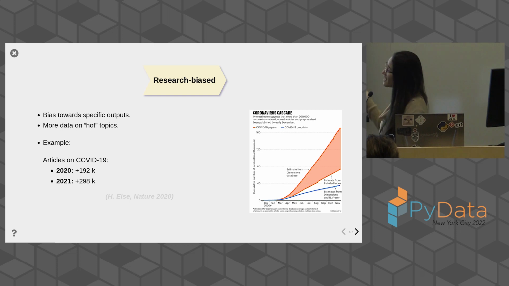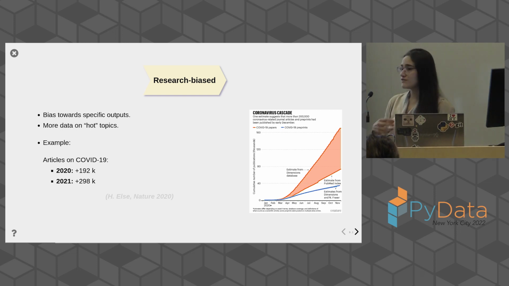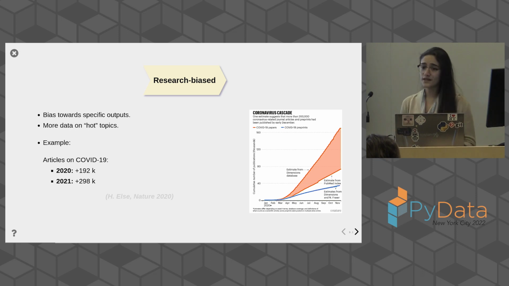At the time, this person found that there were more than 190,000 publications on COVID-19 by December 2020. And essentially, yeah, great, the world is working on COVID-19, but, well, I don't work with COVID-19, and I need to finish a PhD. So we all need data. And the truth is that we will always find more information on very specific topics when we talk about biological or chemical data.